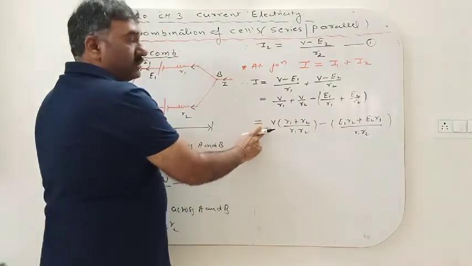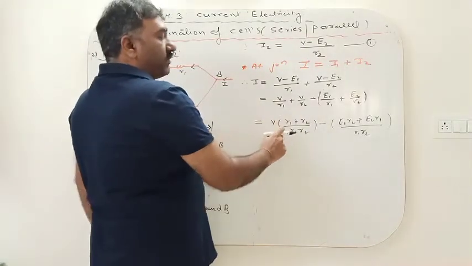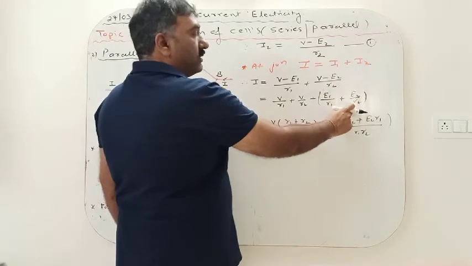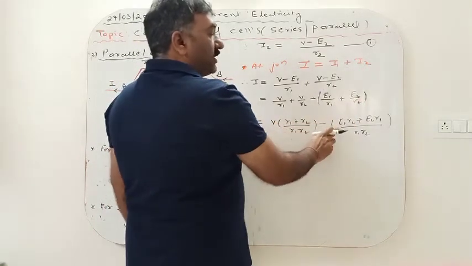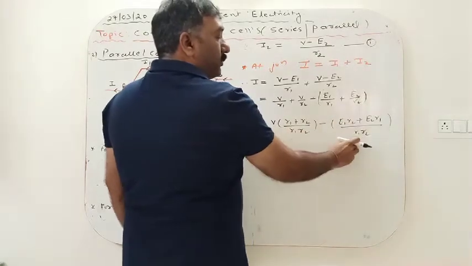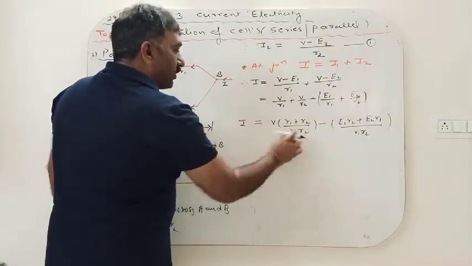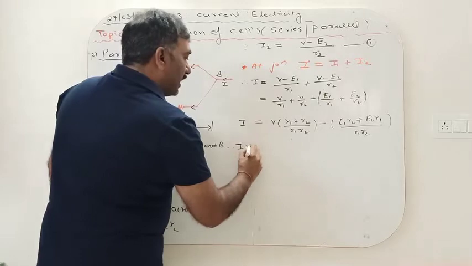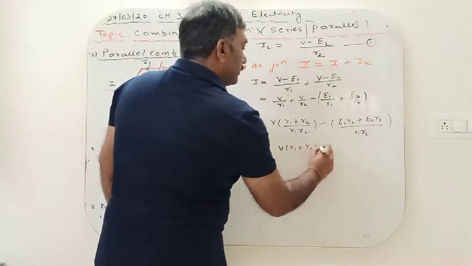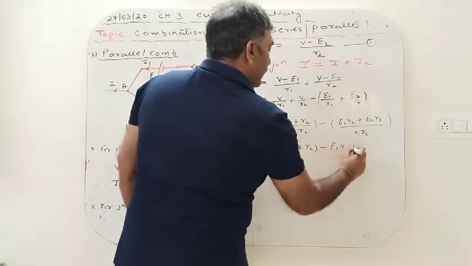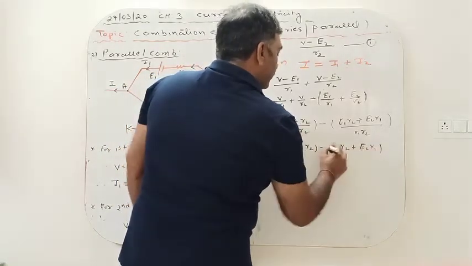E1 and E2 are the two different EMFs. Now cross multiply: I R1 R2 is equal to V (R1 plus R2) minus (E1 R2 plus E2 R1).